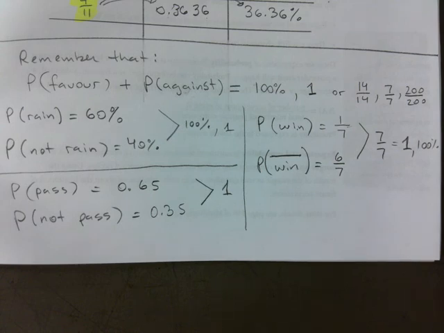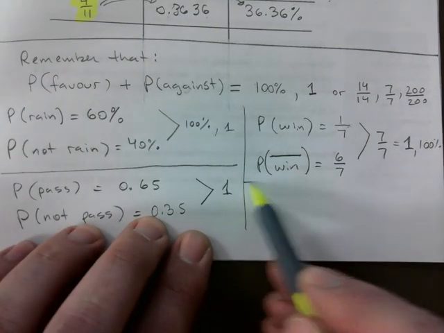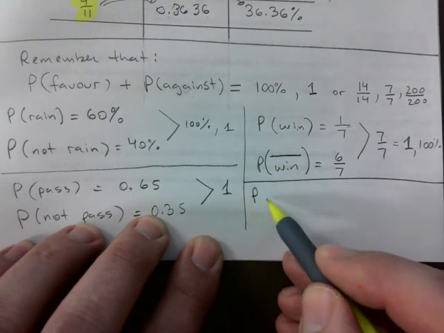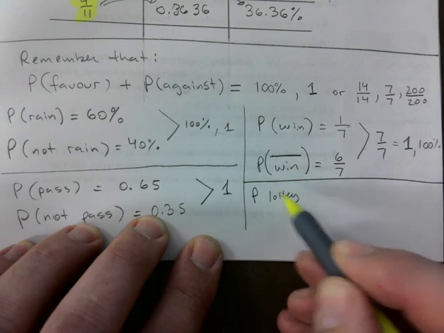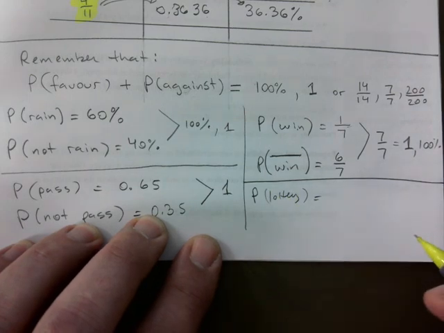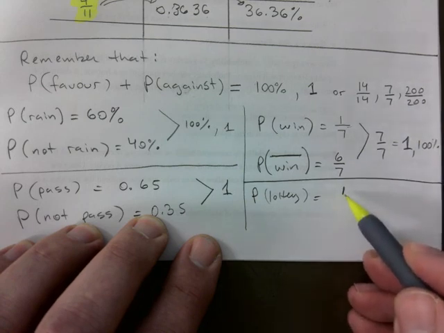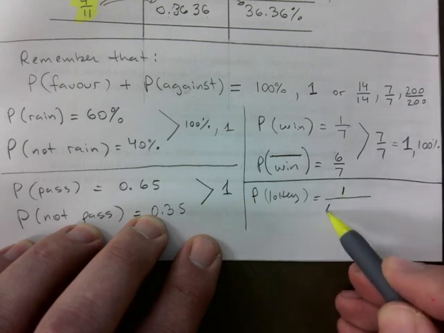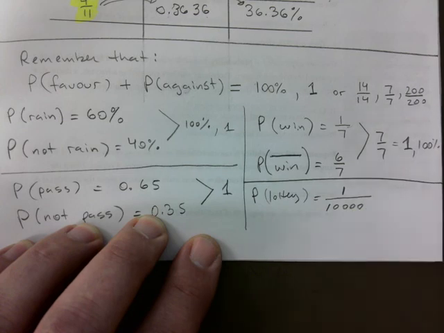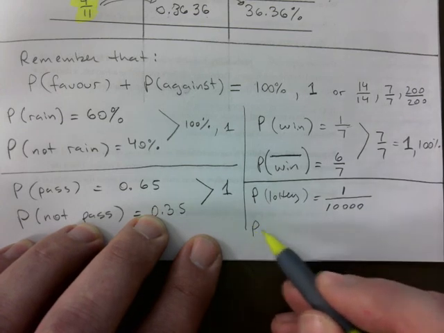For that reason, probability of winning the lottery. This is a good one. Probability of lottery. Let's say it's the HSC lottery. That one is actually not too bad. But let's say there's 1 in 10,000 chances of winning.